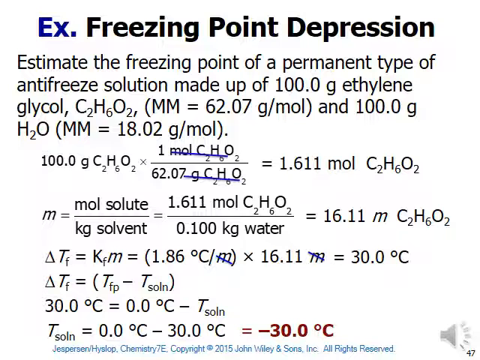We have 100 grams divided by 62, and you get 1.611 moles of ethylene glycol. The molality is moles of solute per kilogram of solvent. 100 grams is the same as 0.1 kilograms, so this is the molality.